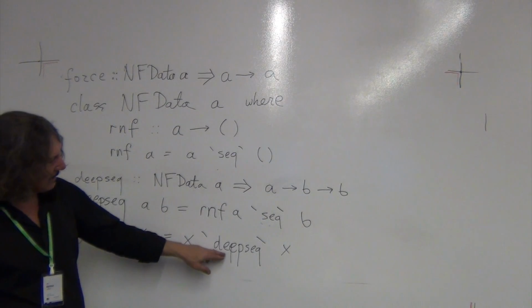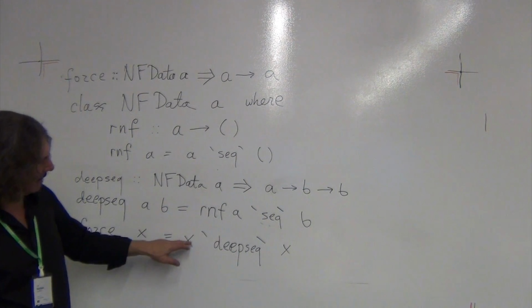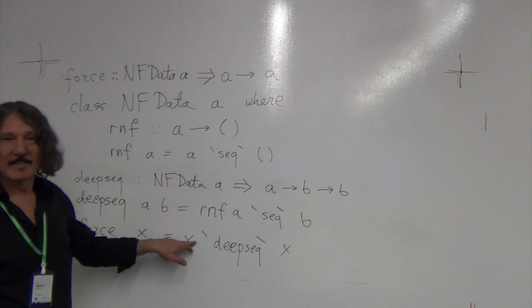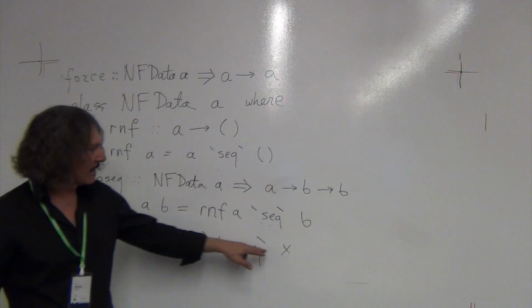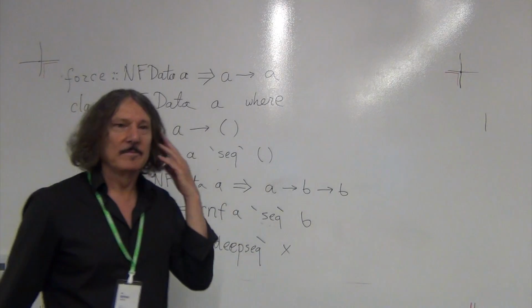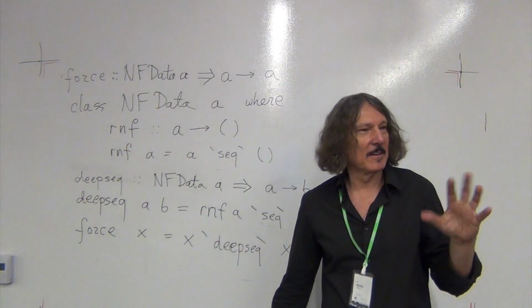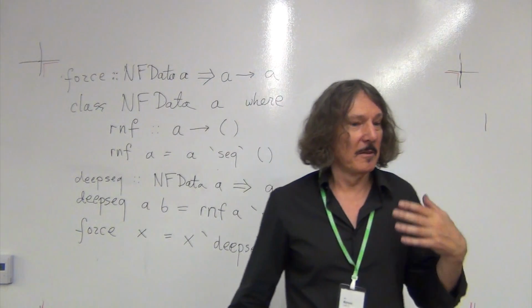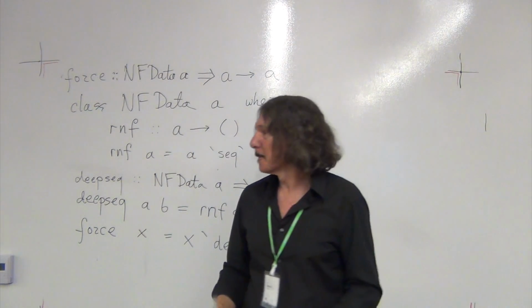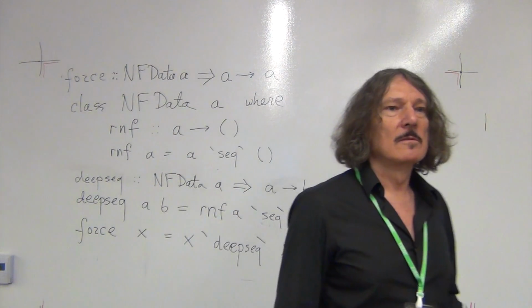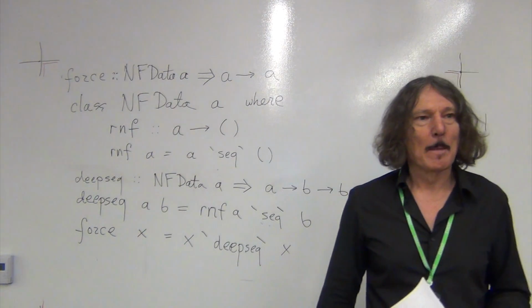But since it calls deepseq on X, it will be fully evaluated. So fully evaluate X and then return X. So it's like identity, except that as a side effect, this thunk was fully evaluated. How does deepseq force evaluation?